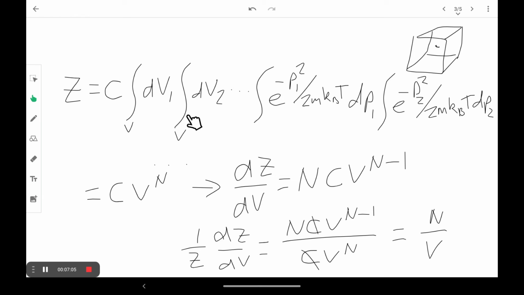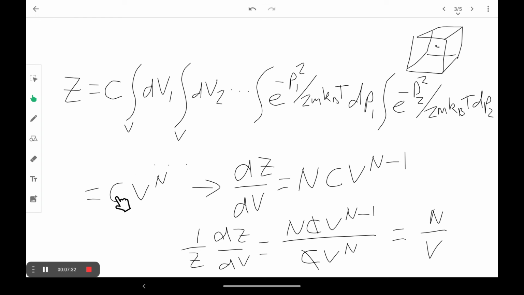These ones I can do easy. An integral of dV over V is just V, and I have n of them, so I have V to the n. Okay, the integral of this, well, that's harder. It's something, but if you notice, it has nothing to do with volume. So this will give me a number, and volume won't be in it. So it's a constant with respect to volume. So I can just take that and plug it into this constant.